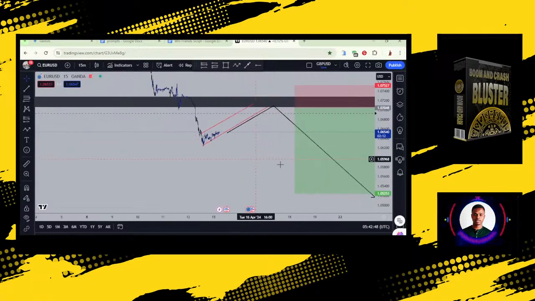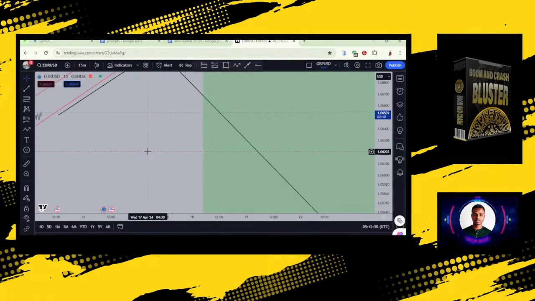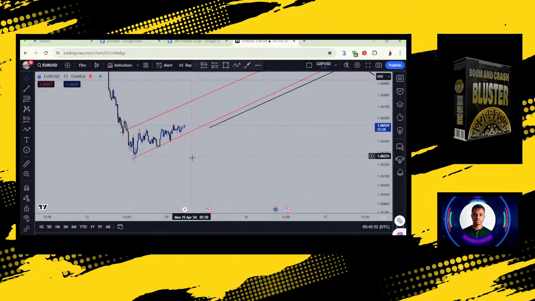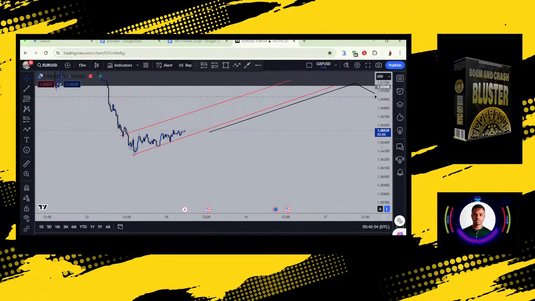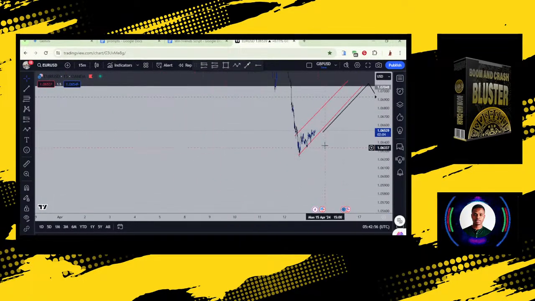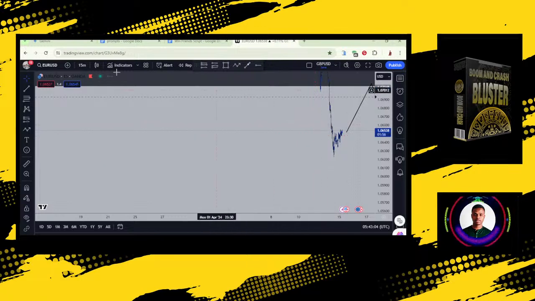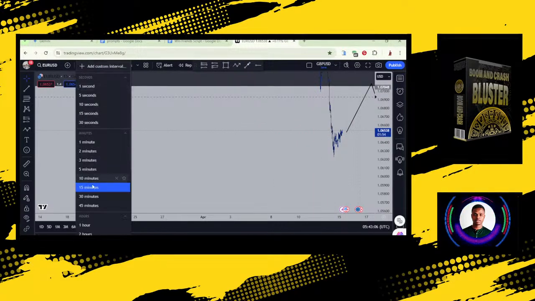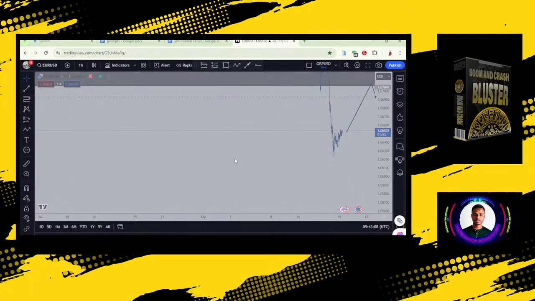I'm not saying I know what the market is going to do, but I know for sure that if the market comes back into this zone, we are going to be looking to sell. I don't know when that is going to happen. I'll just wait for the market to push and hit my alert so that I can sell. So let me go back to the 1 hour time frame so that it's clear to see.